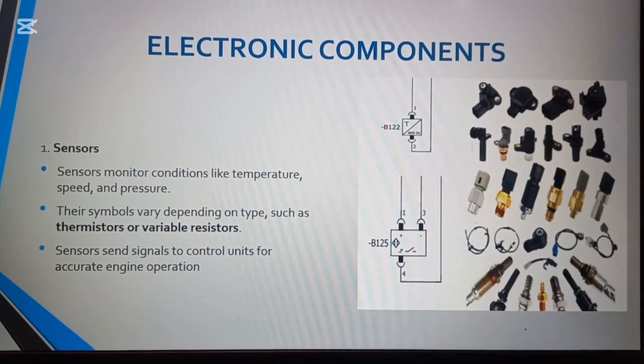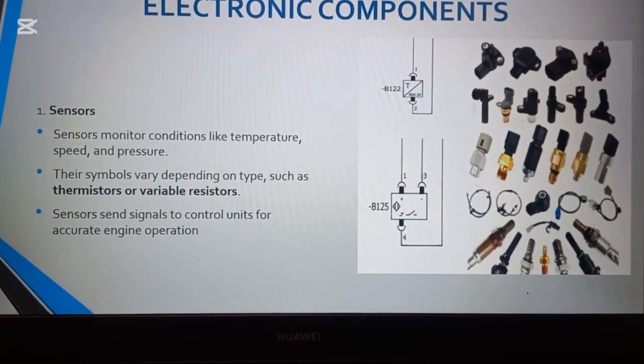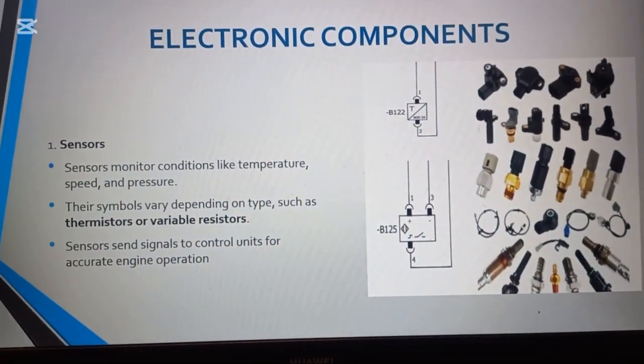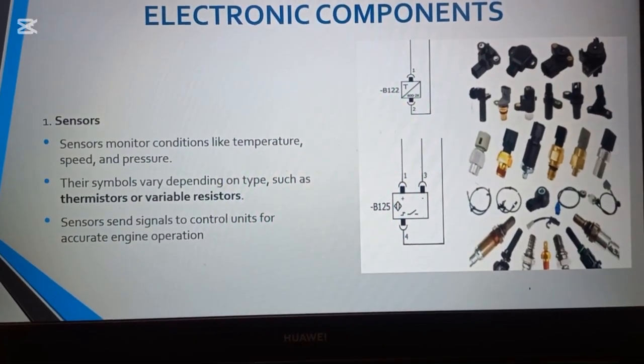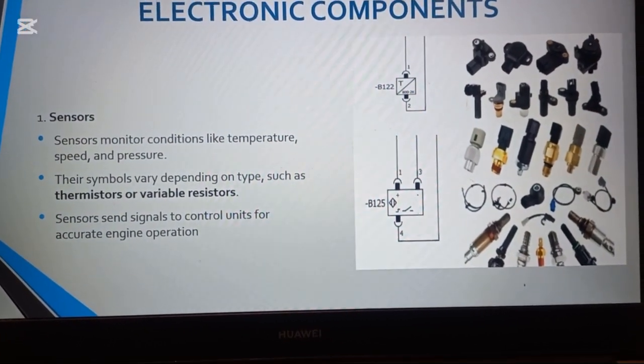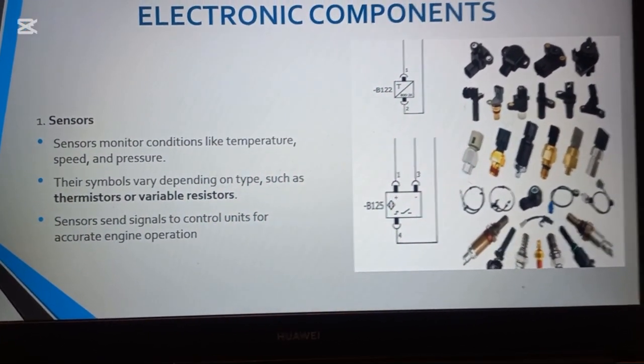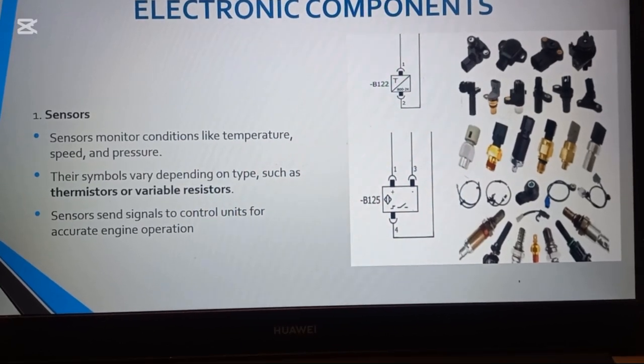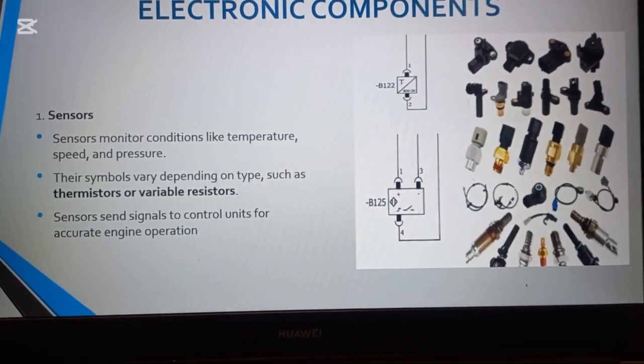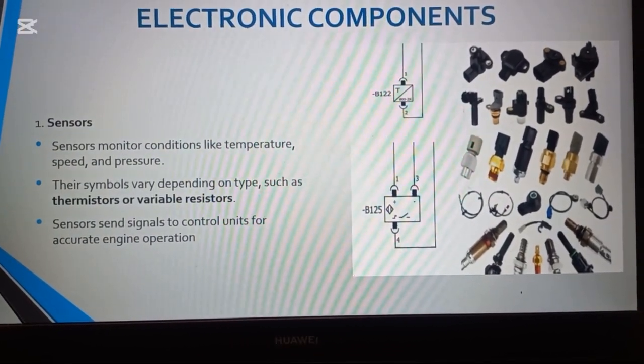We have electronic components. In electronic components, we have things like sensors. Sensors monitor conditions like temperature, speed, and pressure. The symbol varies.